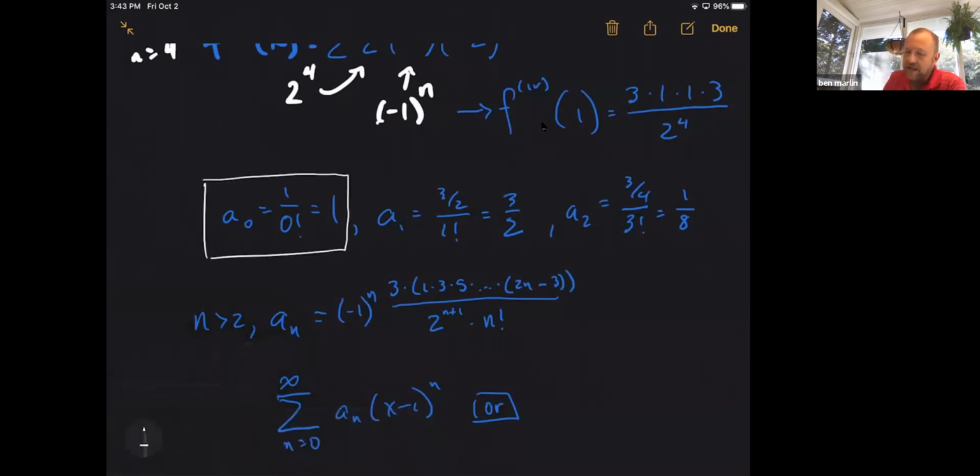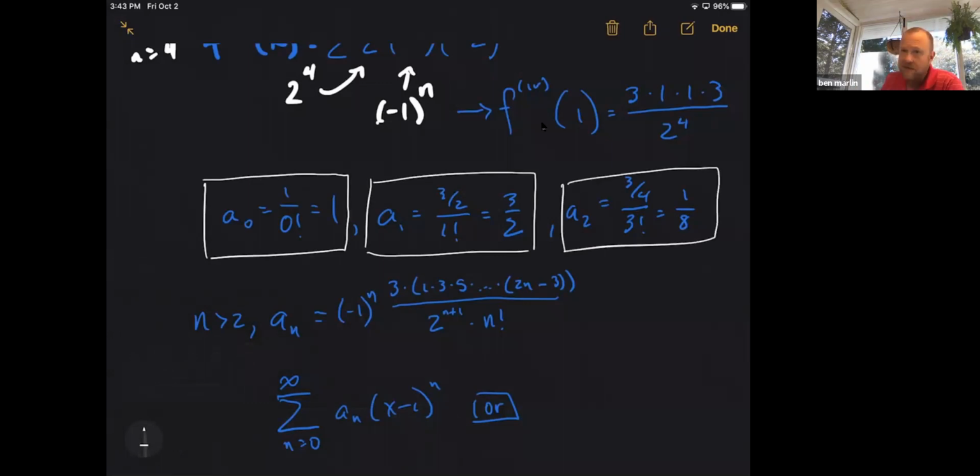So a sub 0, so n equals 0, we plug in and we figure out where it is. We know that our pattern doesn't really start until n equals 3. So for a sub 0, a sub 1, and a sub 2, we're just going to plug in the numbers and calculate them.